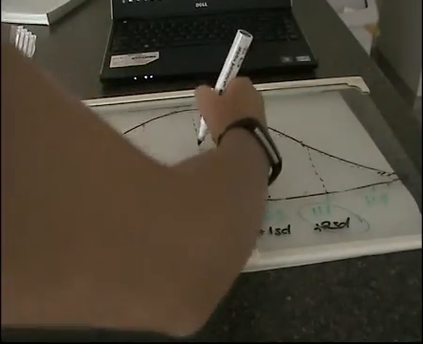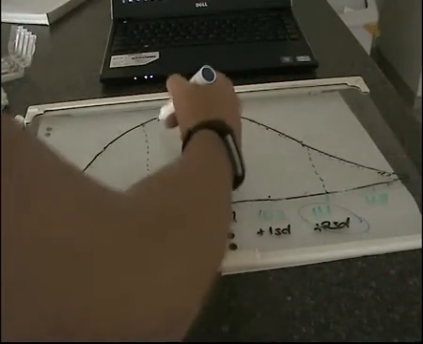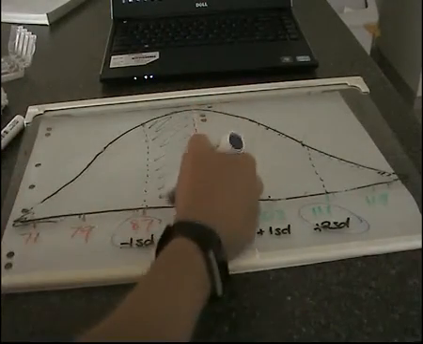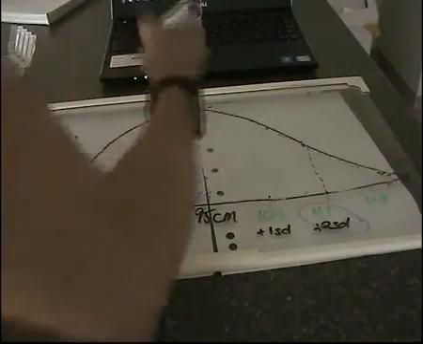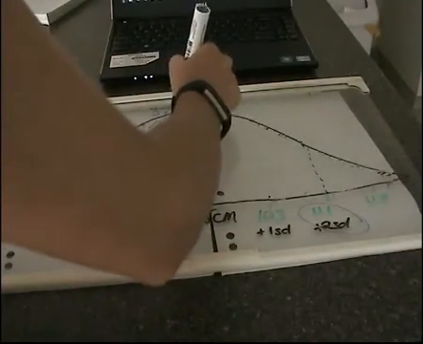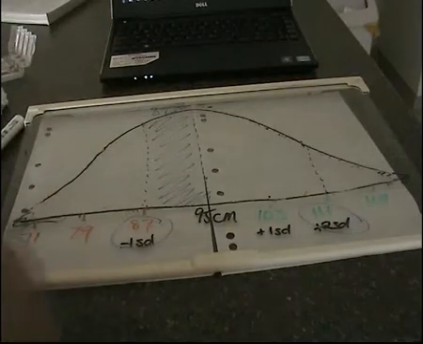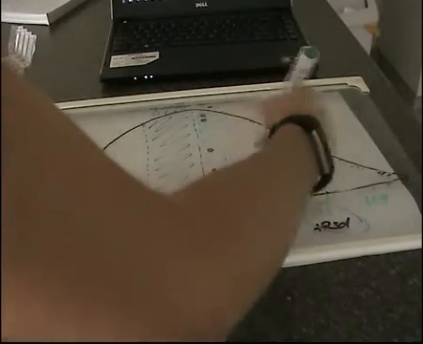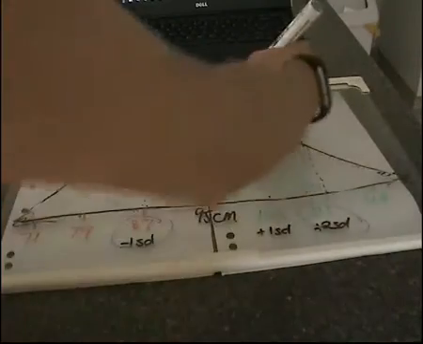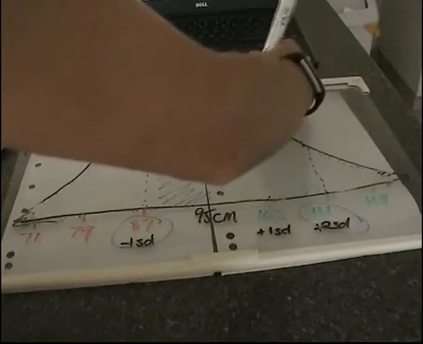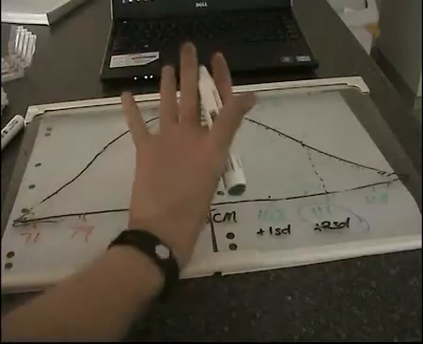So with our X bar, we know that between 1 standard deviation below and the mean, there is 34%. And we know that between the mean and 2 standard deviations above, there is 47.5%.